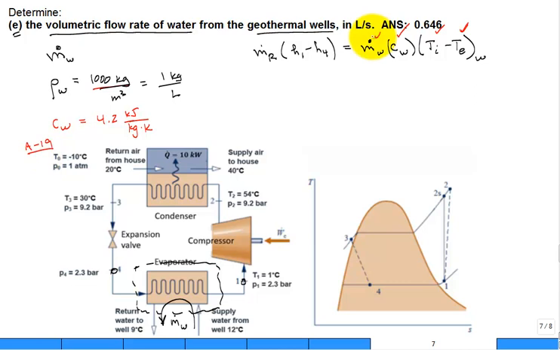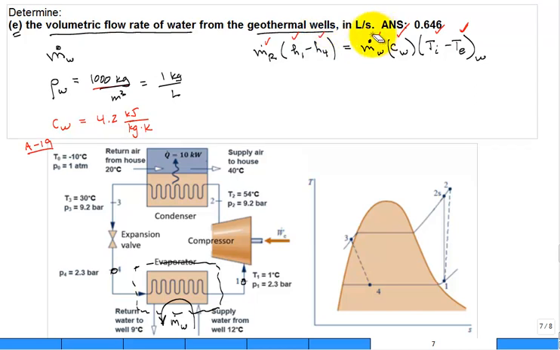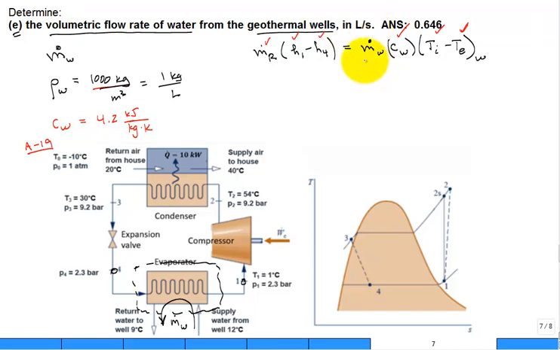So that's done. The mass flow rate of the refrigerant and these two enthalpies we know. The only thing we don't know is the mass flow rate of the water. And so the mass flow rate of water equals m dot refrigerant times H1 minus H4, divided by the specific heat of the water times the temperature in minus the temperature exit of the water.